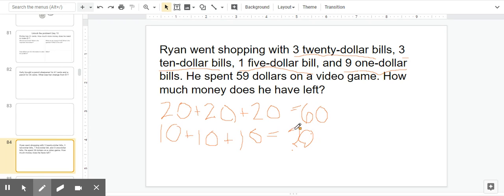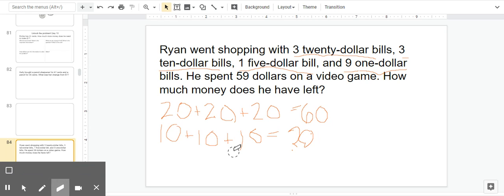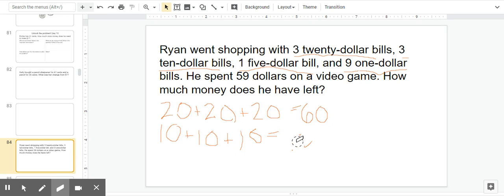Let me fix my 3. Sorry, friends, that's supposed to say 30. Let me try again. I'm going to line up my 10s and 1s so it's easy.